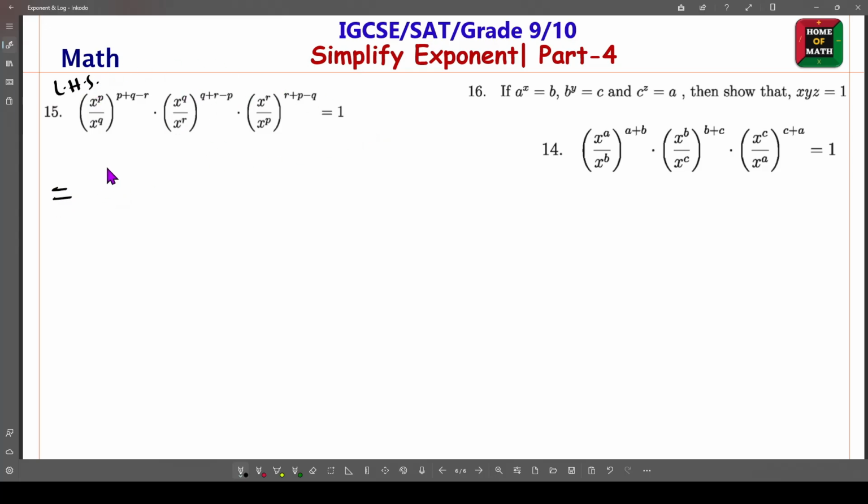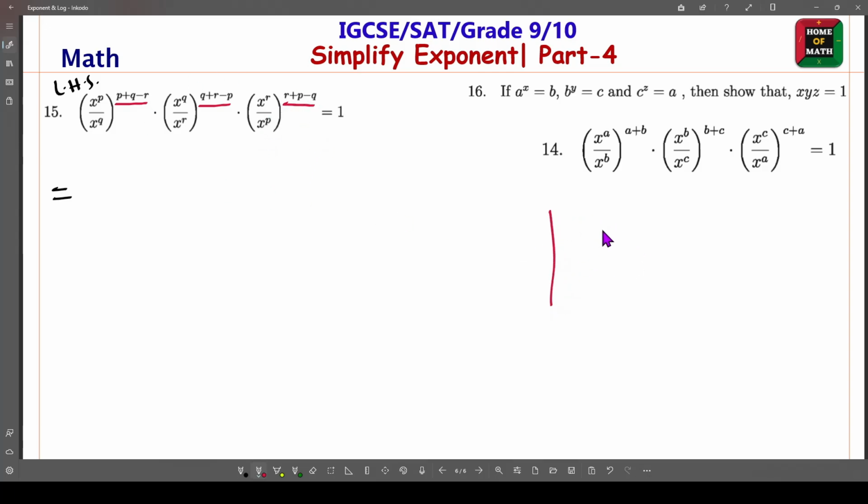So first, x to the power p divided by x to the power q, whole to the power p plus q minus r, times x to the power q divided by x to the power r, whole to the power q plus r minus p, times x to the power r divided by x to the power p, whole to the power r plus p minus q.